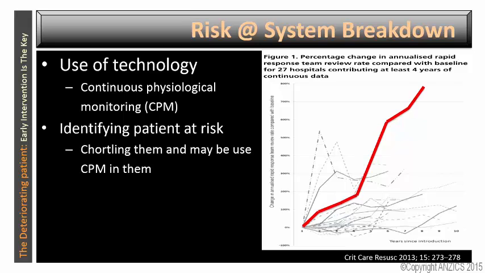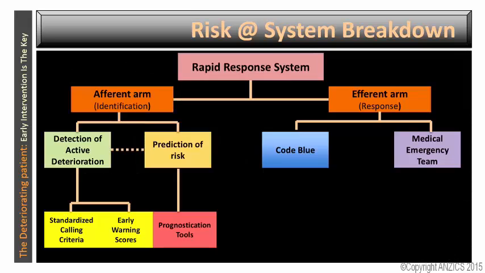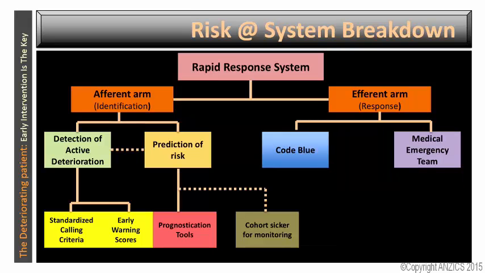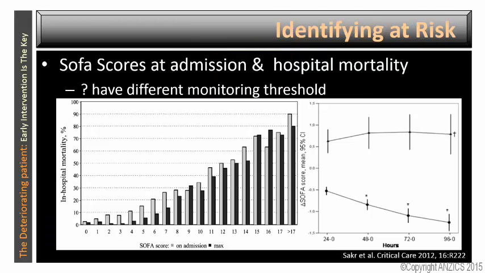So one way that we have heard is the use of technology, which can help in maintaining or monitoring continuous physiological parameters, or maybe identifying the patients at risk and cohorting these patients and monitoring them a bit more closely. So you need to have a separate arm in addition to the detection. Maybe we need to predict the risk and be able to cohort these patients and monitor them so closely that these patients require less and less help from the ICU.